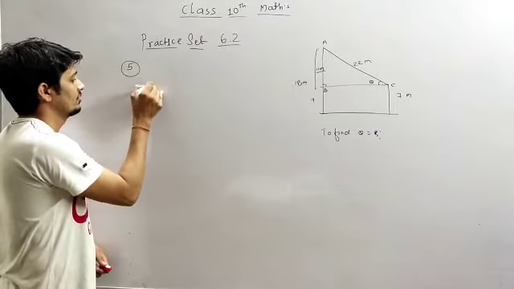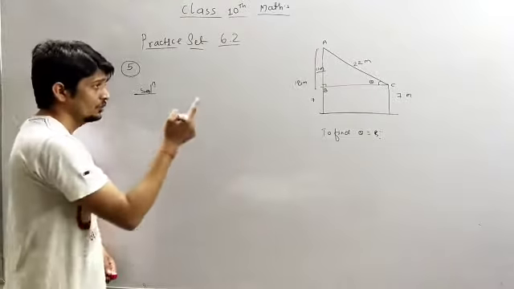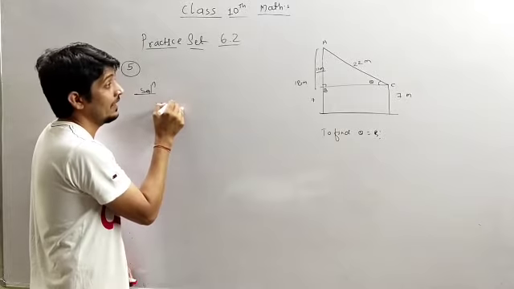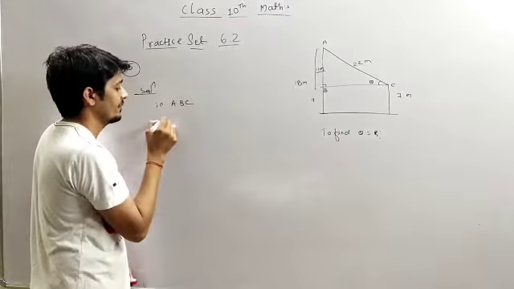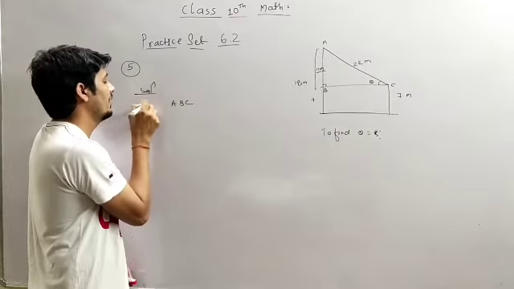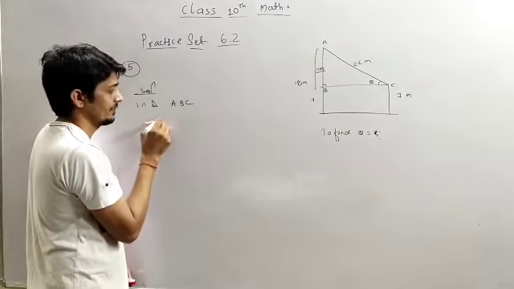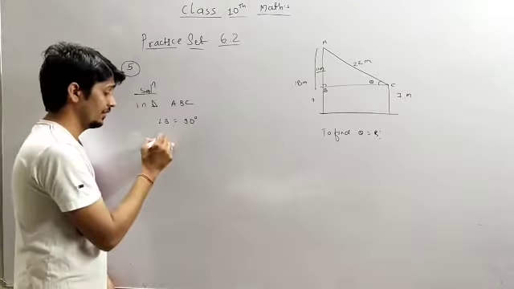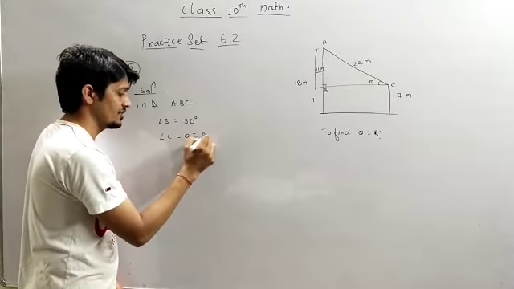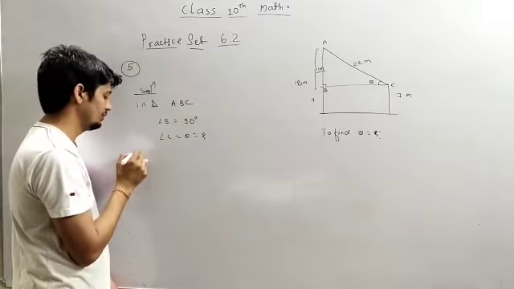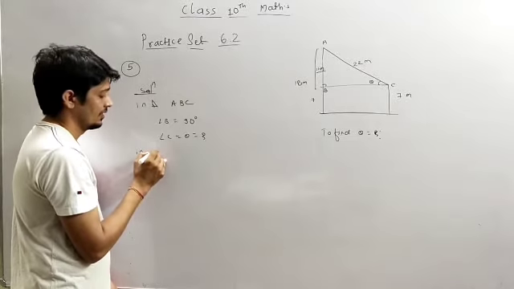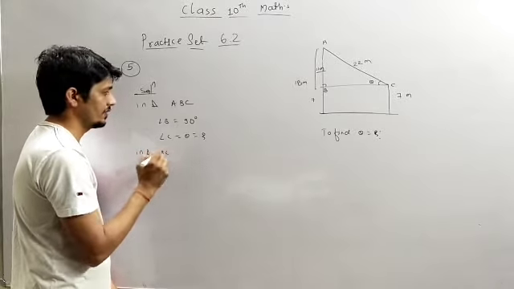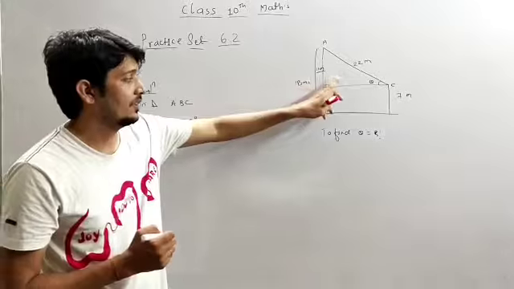So, solution. We have to explain the triangle first. In right angle triangle ABC, angle B is equal to 90 degree and angle C is equal to theta, which we have to find. So in right angle triangle ABC, this is theta.